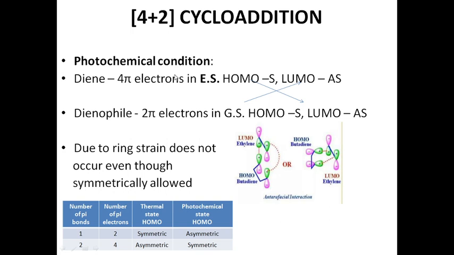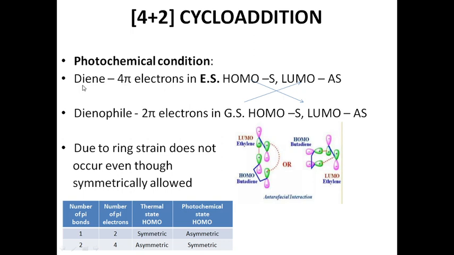Now let us look at the photochemical condition. What happens in photochemical condition? For the 4 pi electron system, HOMO becomes symmetric. The 2 pi electron system will remain in ground state. You cannot make both the diene and the dienophile go to the excited state. One will go to the excited state and the other will remain in the ground state. We know about photochemistry, I have already explained it to you.